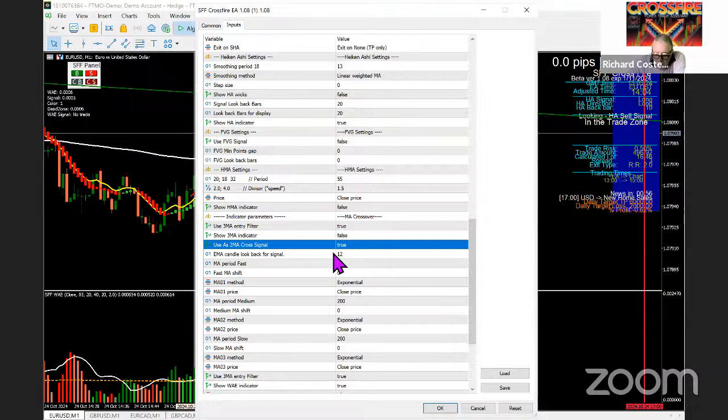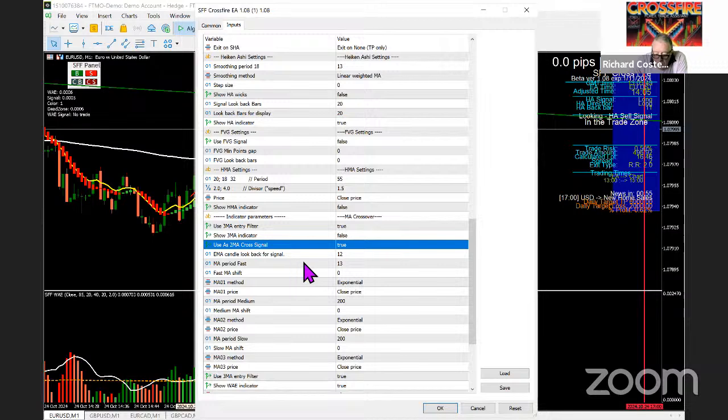I asked my trading assistant to look back 12 candles for an MA crossover. That's purely because I found that works for me. You can change it. You could ask it to look back 20 candles or 30 candles if you wish. I just think that you get a safer trade if you stick to somewhere around 12.